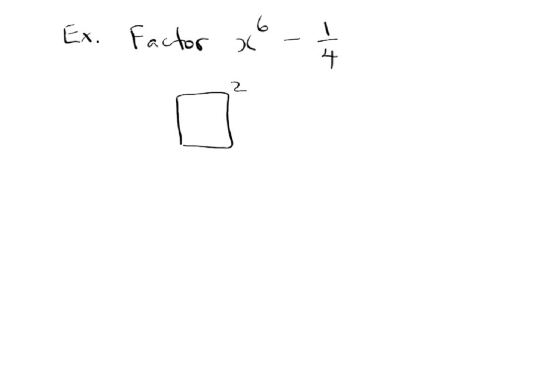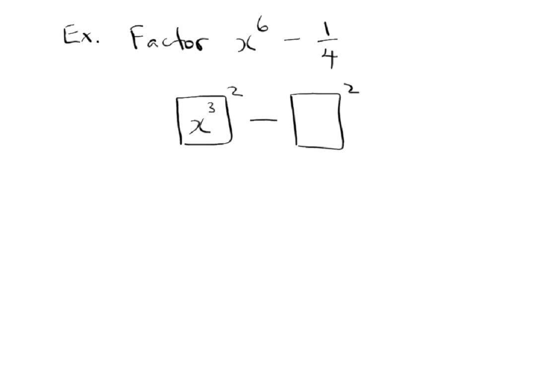The next example is a little bit more complicated: x to the 6th minus a quarter. So again, I have to identify, is it something squared minus something squared? And I think it would be. I would want x cubed, because x cubed times x cubed does give you x to the 6th.